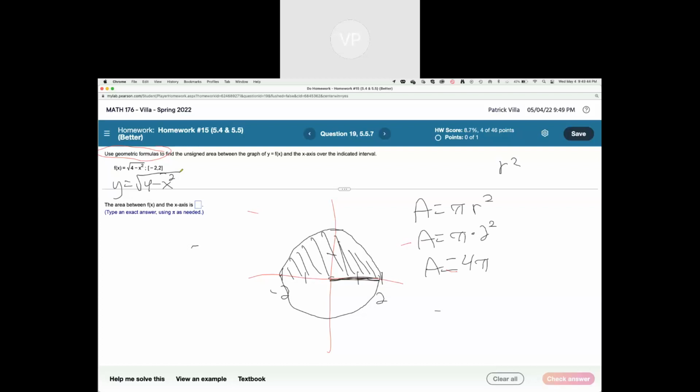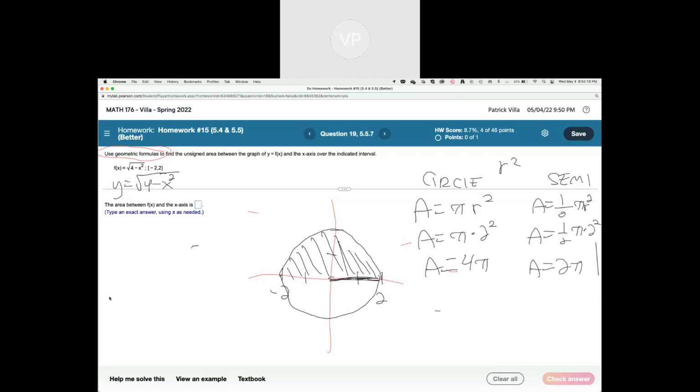But since this is a semicircle, the formula is not anything that unique or memorable. It's simply 1/2 pi r squared. Sorry, little tech trouble, apologies. So you just plug everything in, you get pi times 2 squared, 4 pi divided by 2, your area is going to be 2 pi. That's our answer that we have right here.